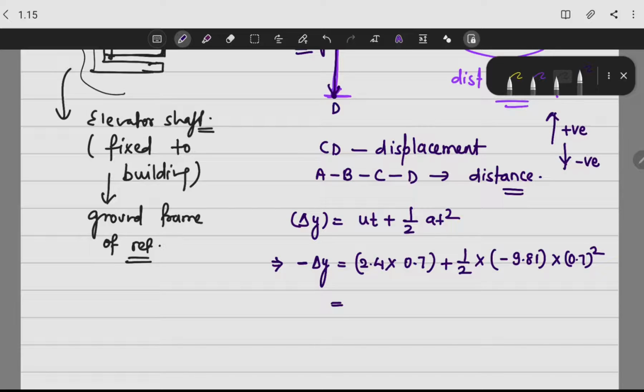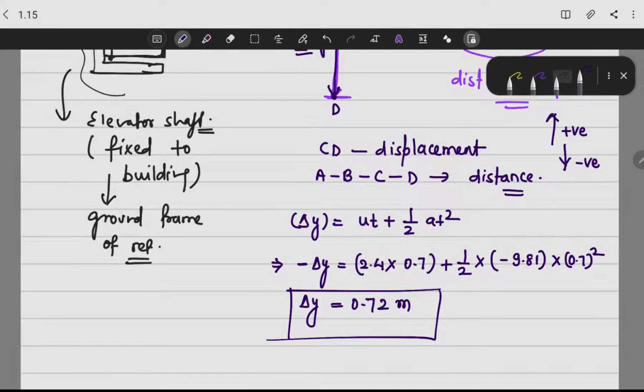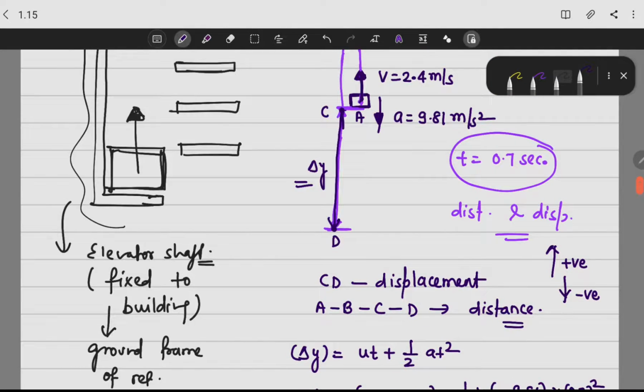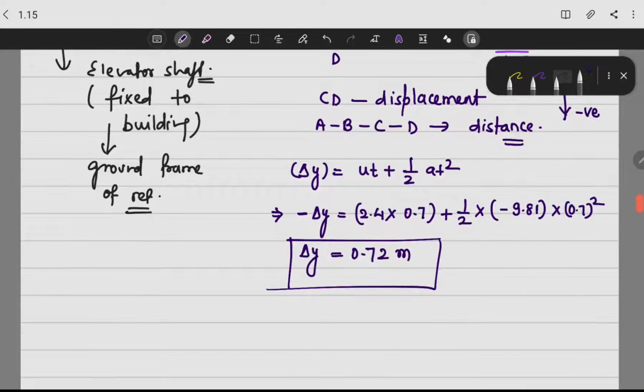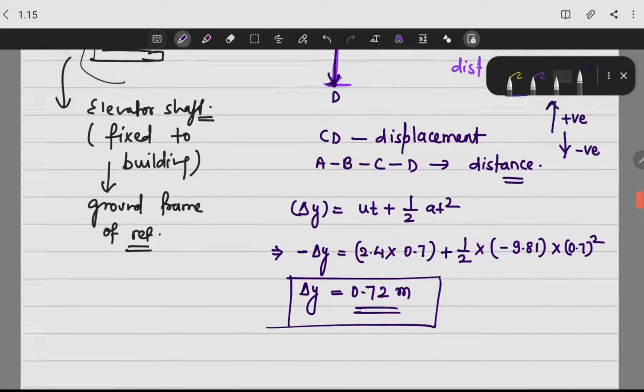So if we calculate this, we get delta y is equal to 0.72 meter. Okay, so the displacement from point A to point D we get as 0.72 meter.